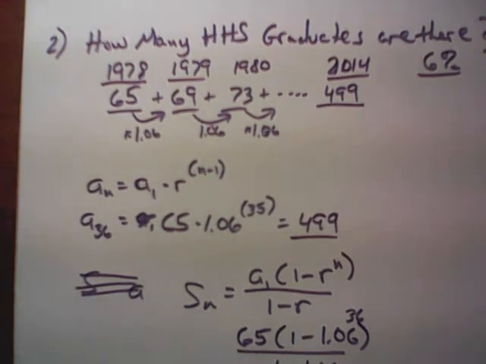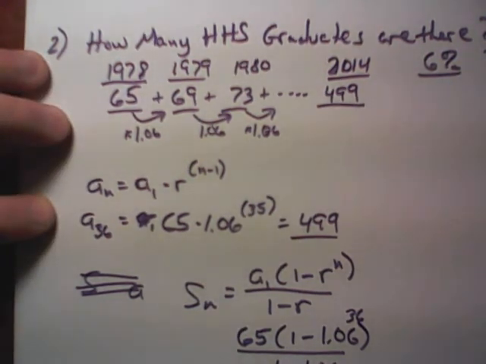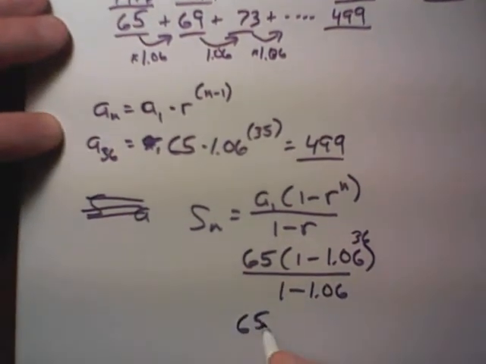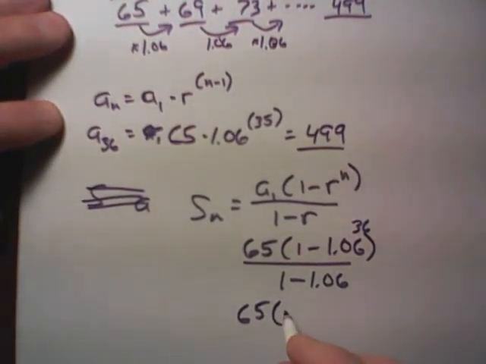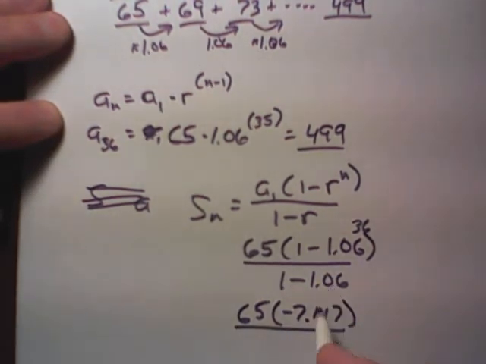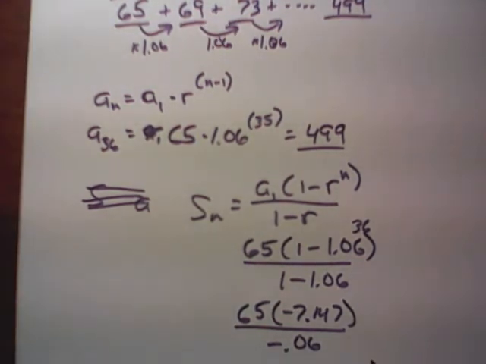And so if I do that correctly, I'm going to take 1 minus 1.06 to the 36th power, and that gives me 65 times negative 7.147, and then 1 minus 1.06, that's negative 0.06.